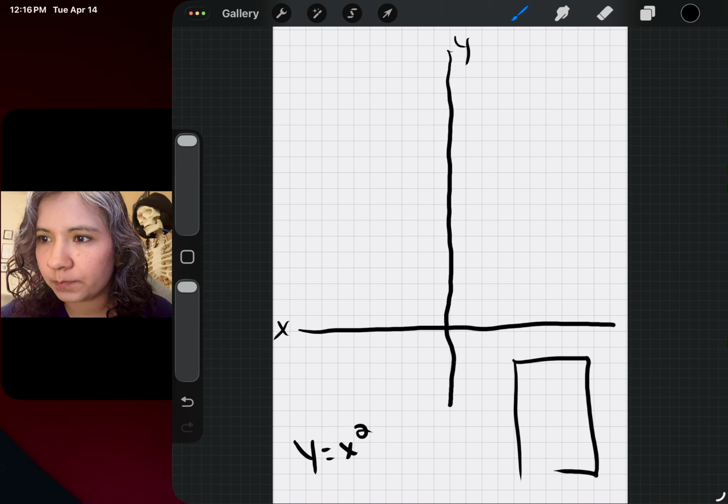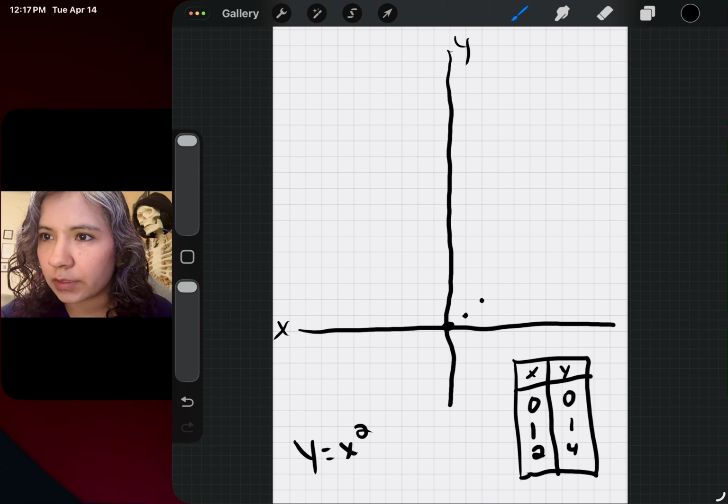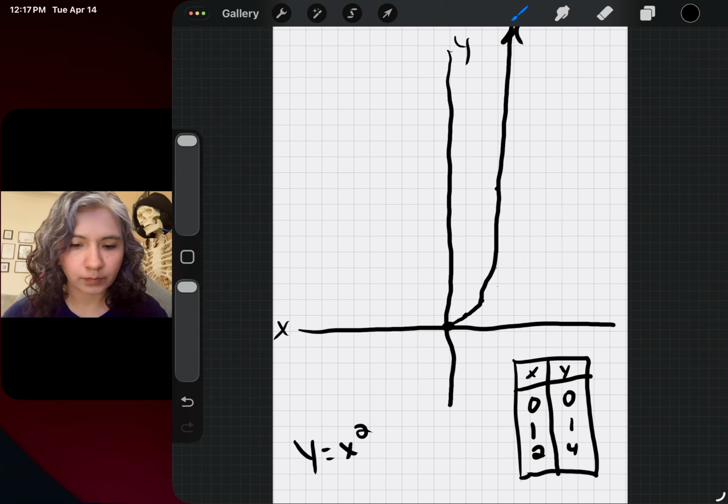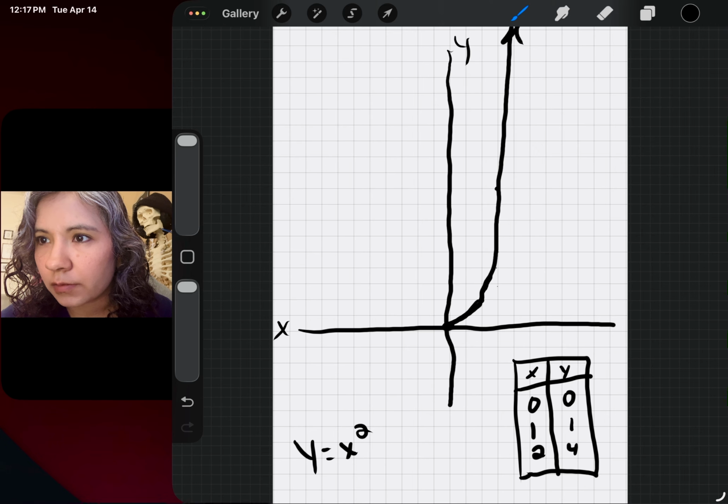For the table, x, y: 0 squared is 0, so it'll be here. 1 squared is 1, 2 squared is 4, 3 squared is 9, and then 4 up to 16, so they're close here, and then it gets pretty steep again. But it is kind of curvy here.